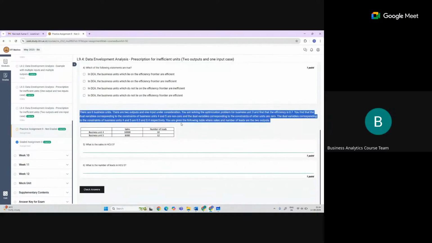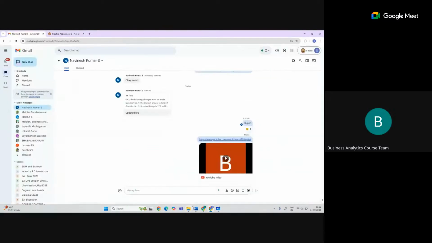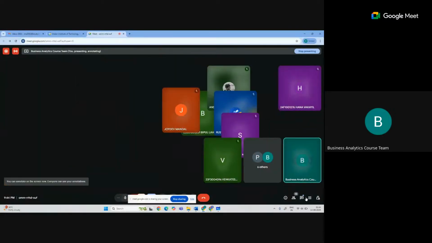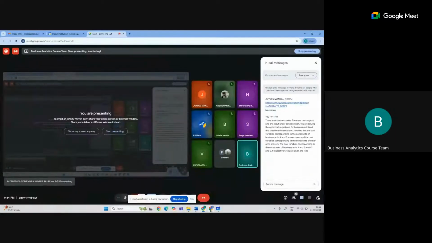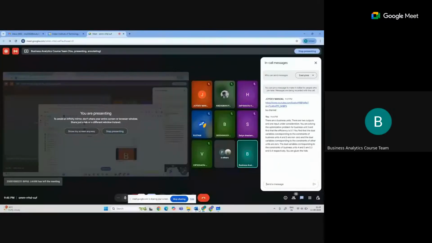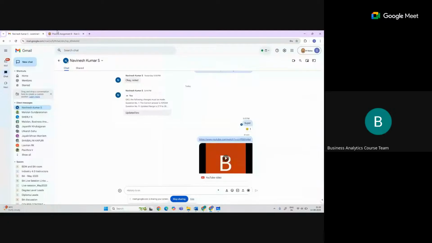Let me copy paste this question on chat so that you can try to solve this question. You can expect some kind of numericals in the exam also. I will also read the question.